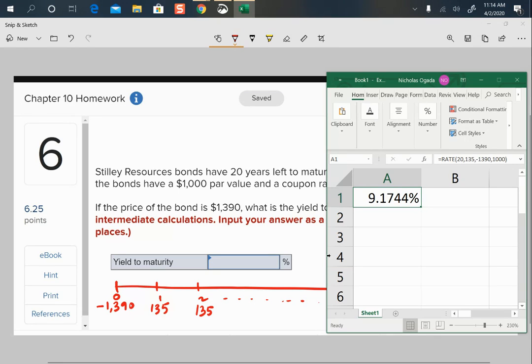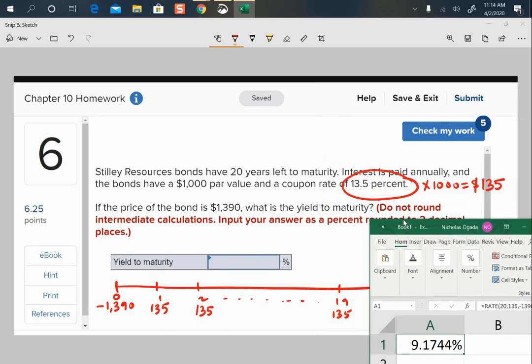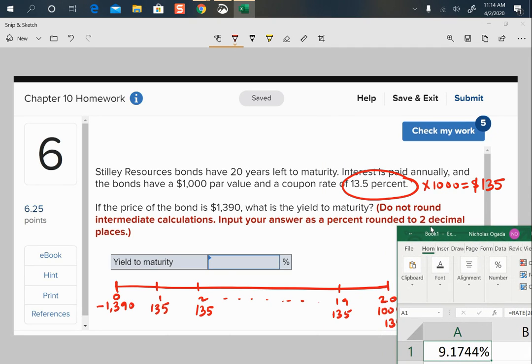Now keep in mind, sometimes you might be forced to make changes. In this example, our interest is on a yearly basis. If the interest here was on a semi-annual basis, then you would have to take half of 13.5%, times the $1,000, to determine what the payment is going to be, and that will change.